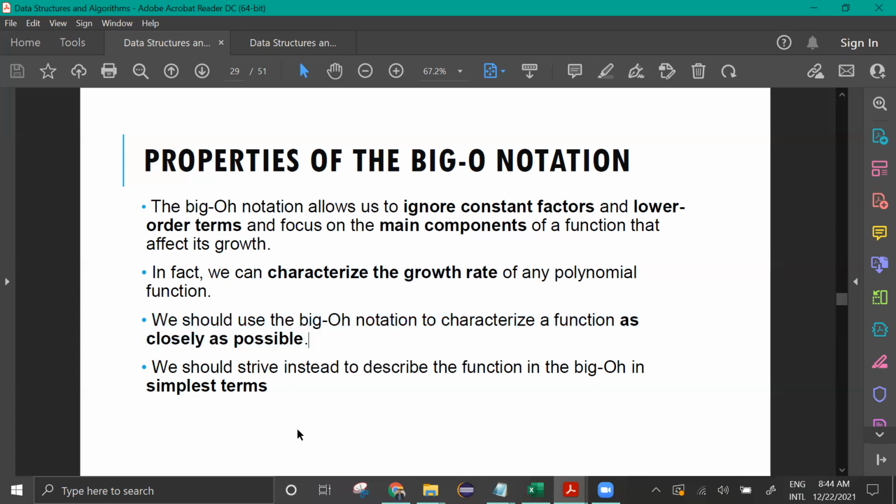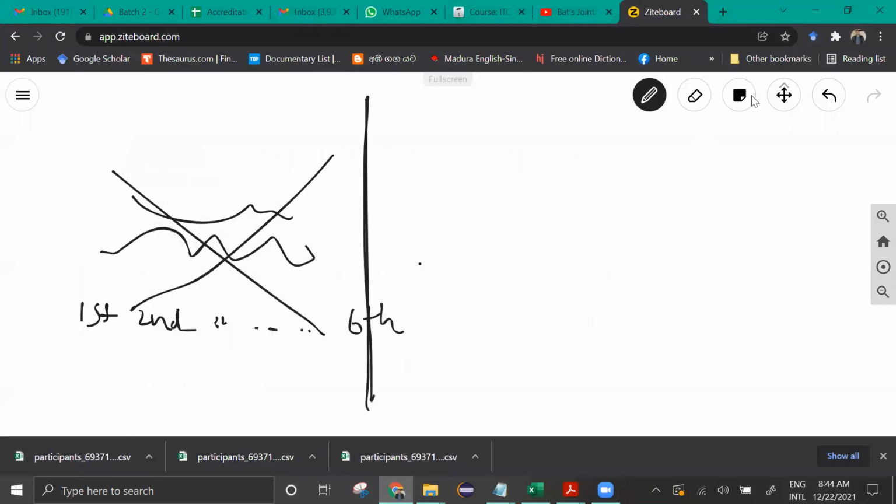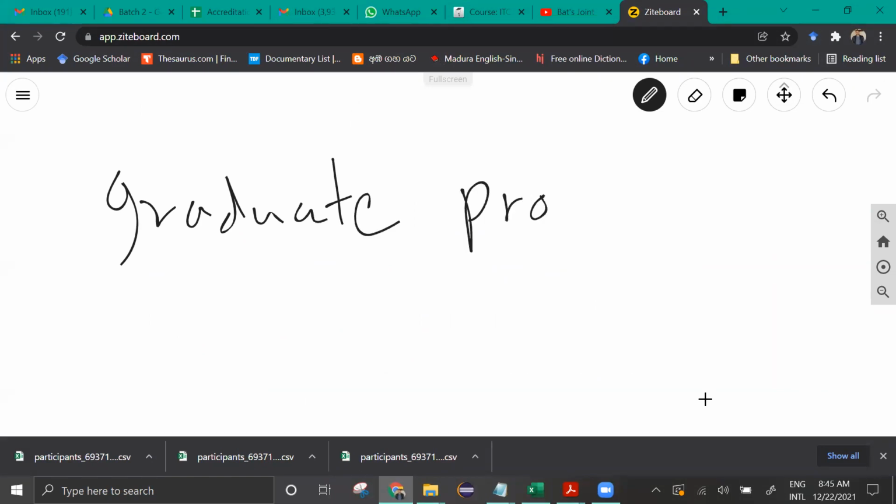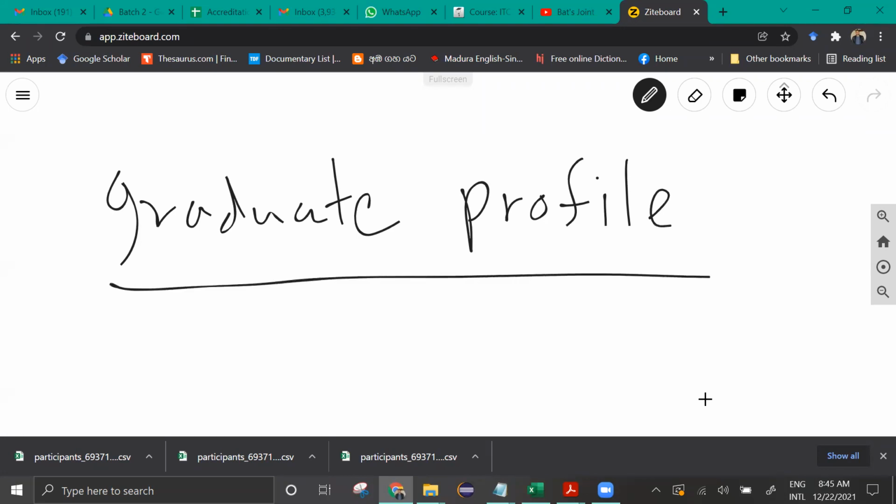Right? So for example, even for our department, we are now creating something called a graduate profile. We define how one of our students should be: a student who is graduating from our department, what are the things that he or she should have?